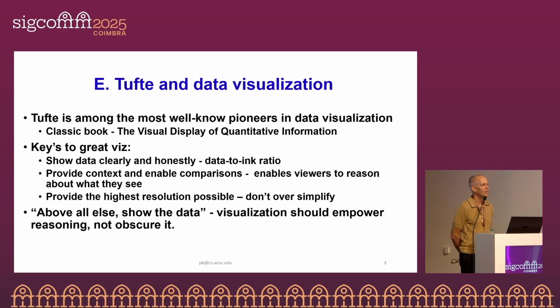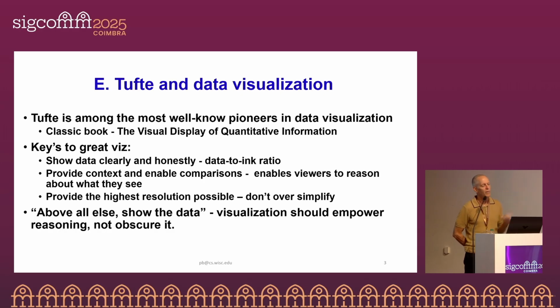And there are a number of, I think, relatively straightforward precepts that Tufte talks about that are keys to creating great representations of either data or systems. And they are as follows. Show the data clearly and honestly. And he talks about the idea of a data to ink ratio, where we want to represent as much data as possible with as small an amount of ink as possible.